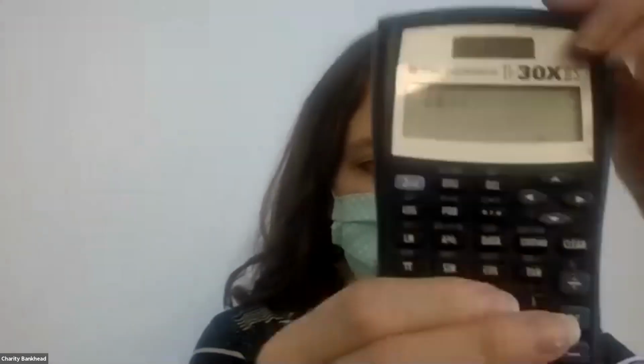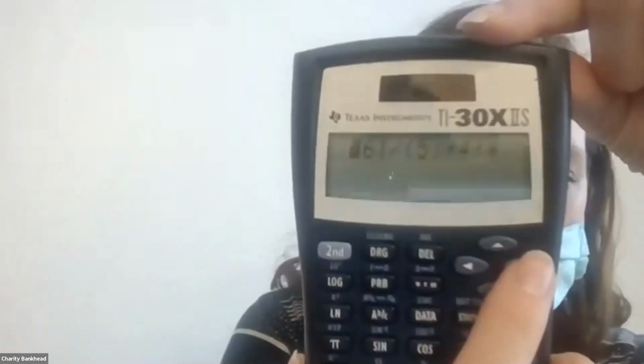So you have to put parentheses. Then you put your 5 factorial times your 4 factorial times your 7 factorial. All right, so that's how it looks in your calculator.